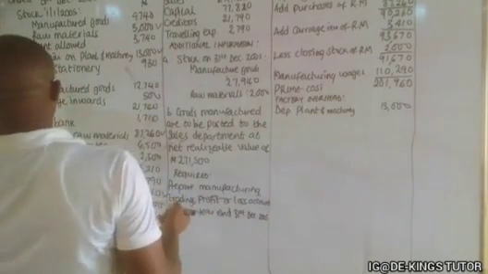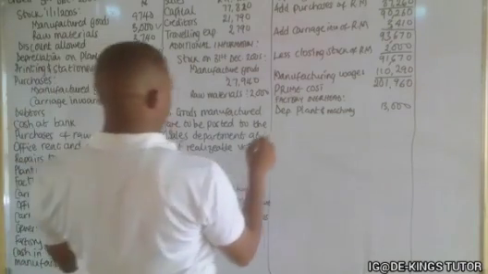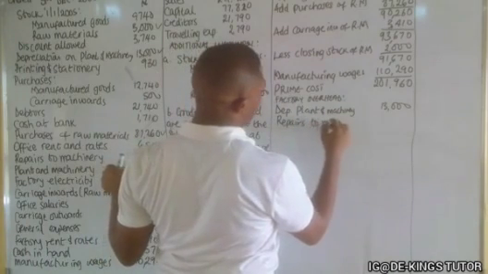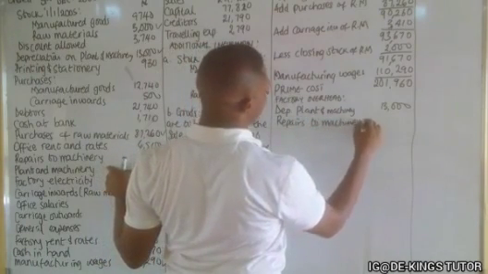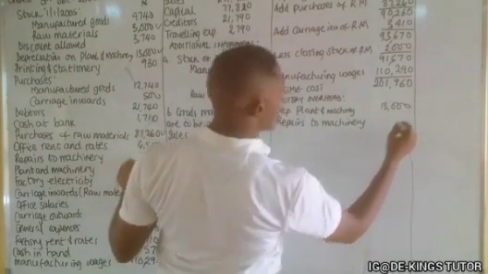Another one, we can see repairs to machinery. It's also a factory overhead. Repairs to machinery, 2,500.